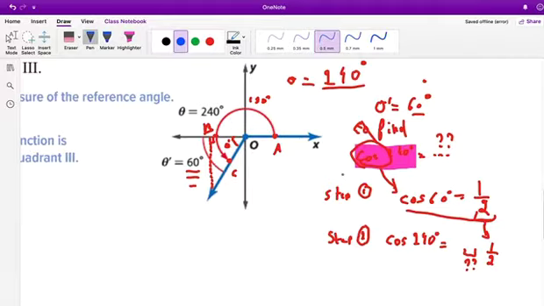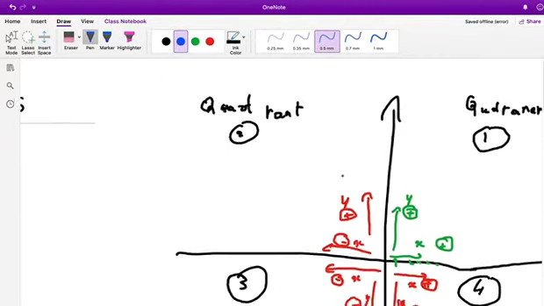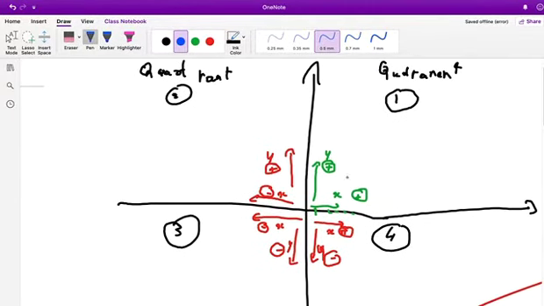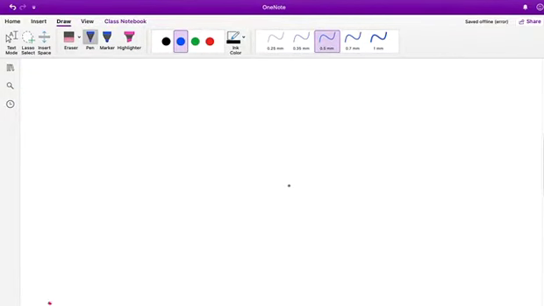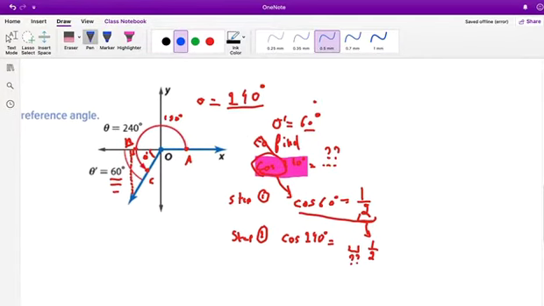This is our easy point. As we said, we check which quadrant, what sign I have, and from this point I can know what the new sign should be. So let's check here. 240, this angle takes me to quadrant number 3. Am I right? Yes.